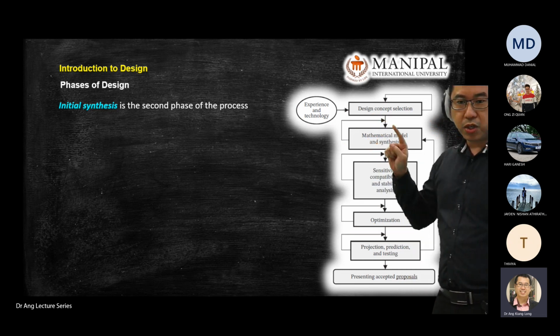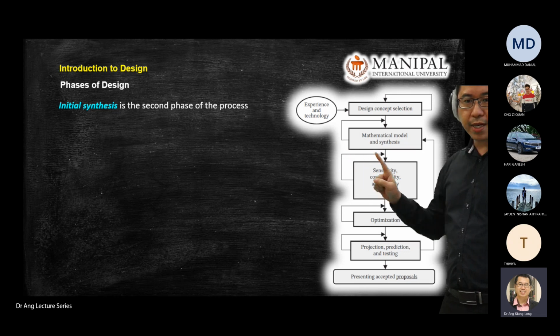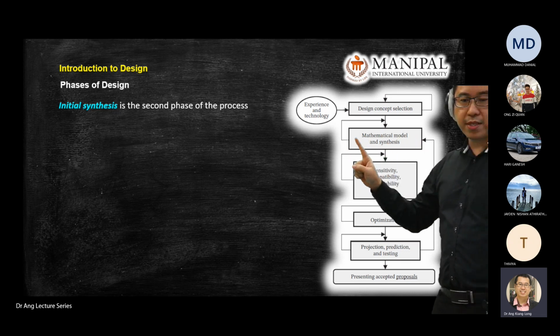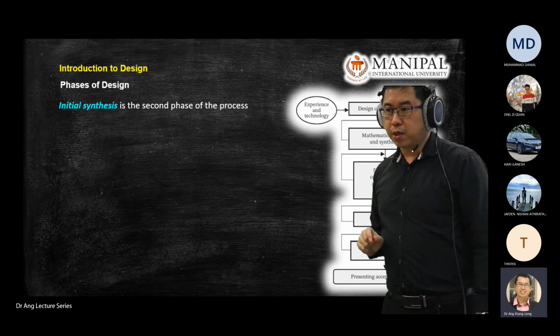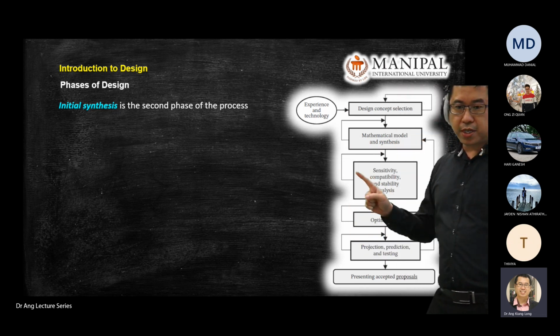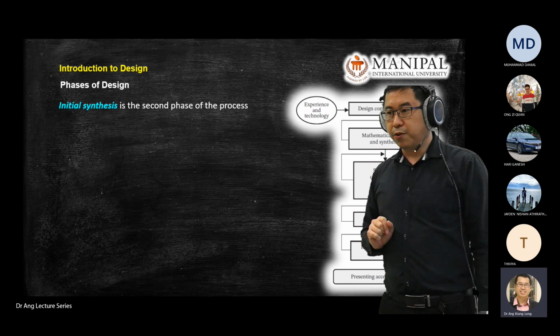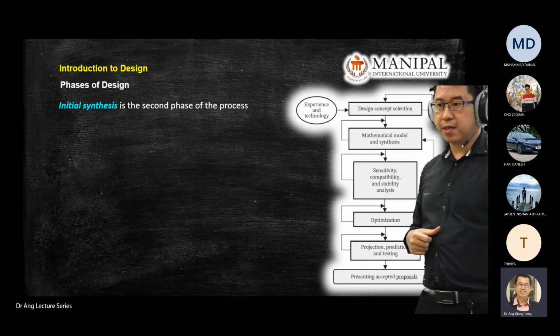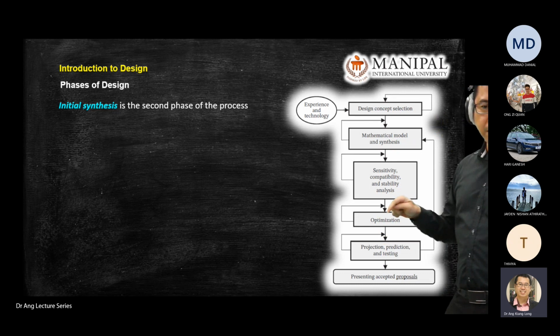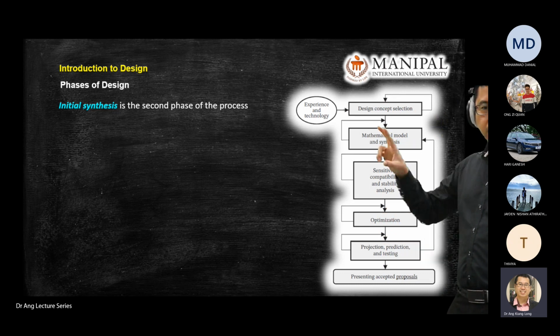After that, you will do some analysis, you will run some simulation, and you will consider a few factors, for example stability and sustainability, and then you'll do optimization, meaning whether you can do better what you have done previously.